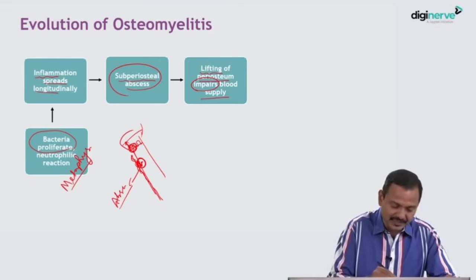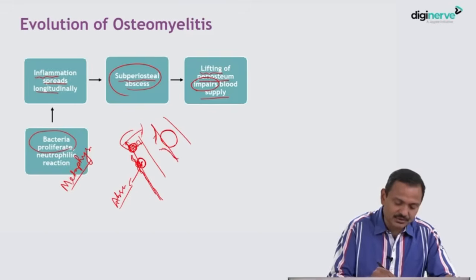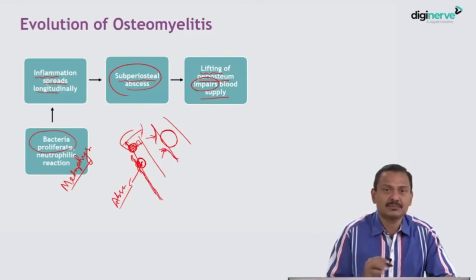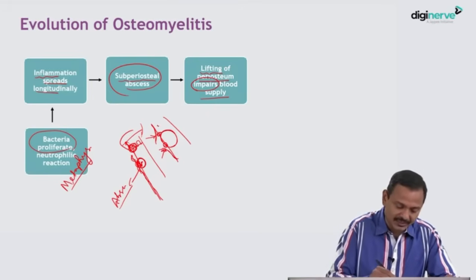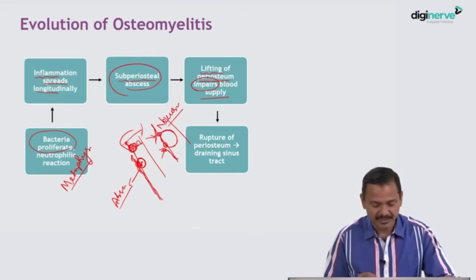Okay? So, if I draw a diagram here, below the periosteum there is an abscess and the periosteum is lifted. Now, once the periosteum is lifted, the blood supply that is coming from outside will be affected. So, the underlying bone will undergo necrosis because of lack of blood supply.